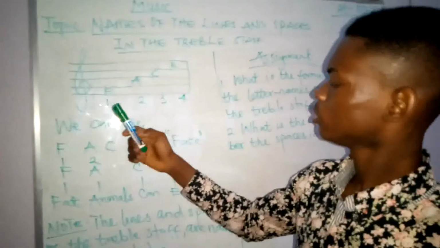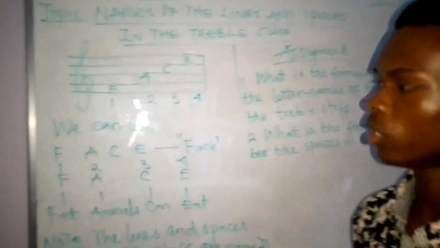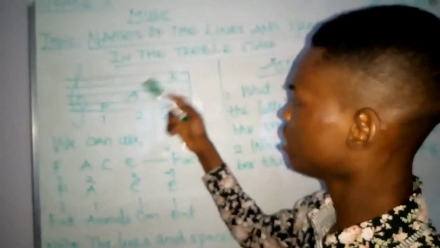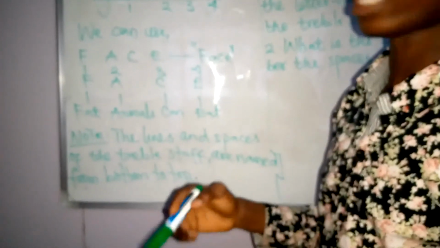And we also talked about the spaces to be 4 in number, which you could say F, A, C, E as face, or you could say fat animals can eat. And also we said that they are being counted from bottom to the top.